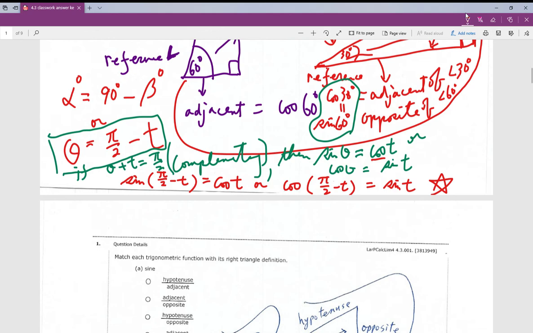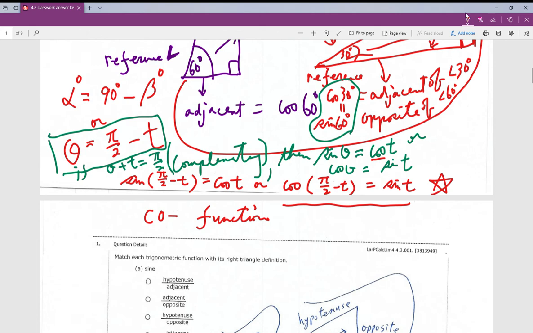And if two functions have this property, we call them cofunctions. If the two angles differ by 90 degrees and they have this property, then we call sine and cosine cofunctions.